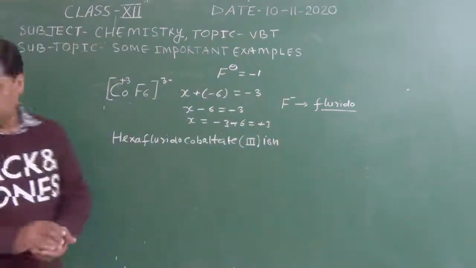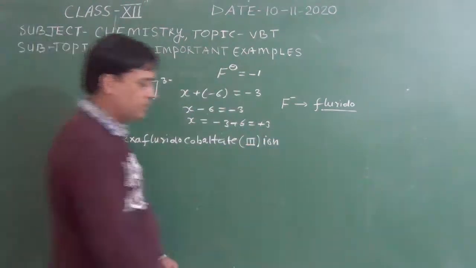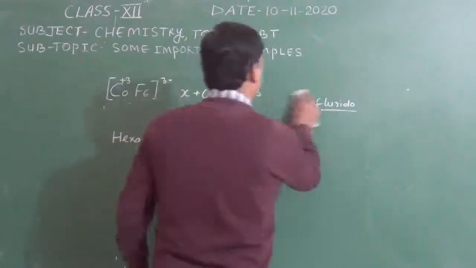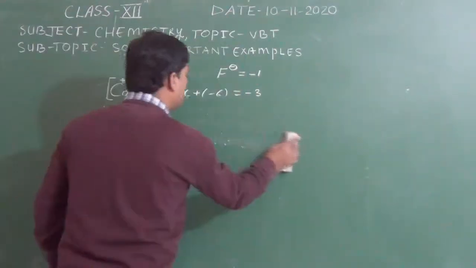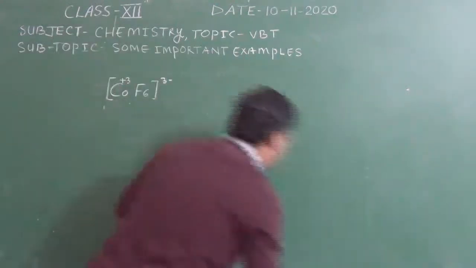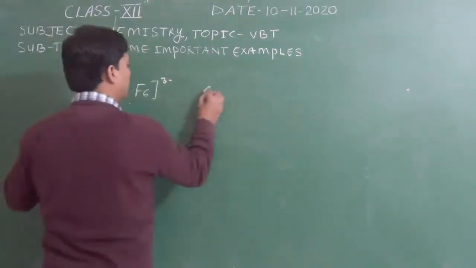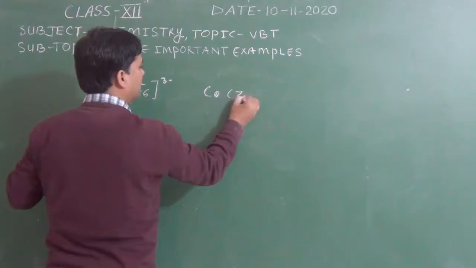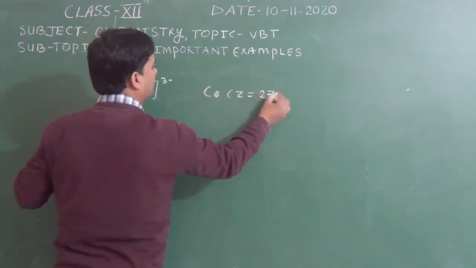Now I am going to explain the bonding in this compound according to valence bond theory. First of all, what is the atomic number of cobalt? Atomic number Z is equal to 27.